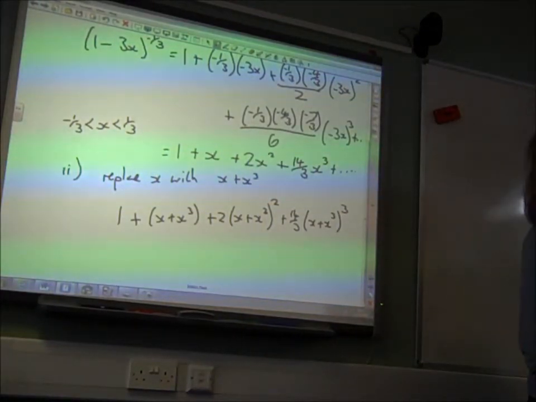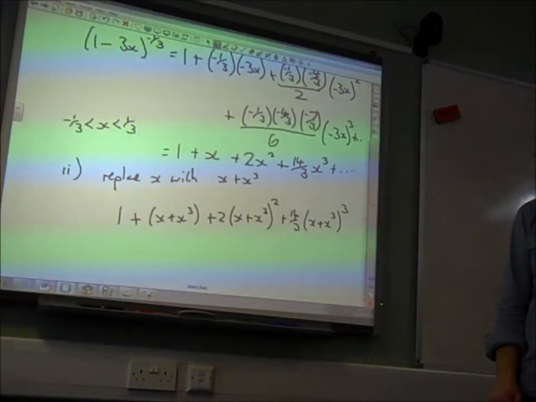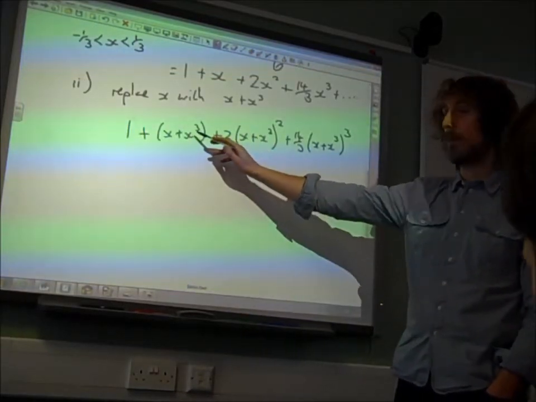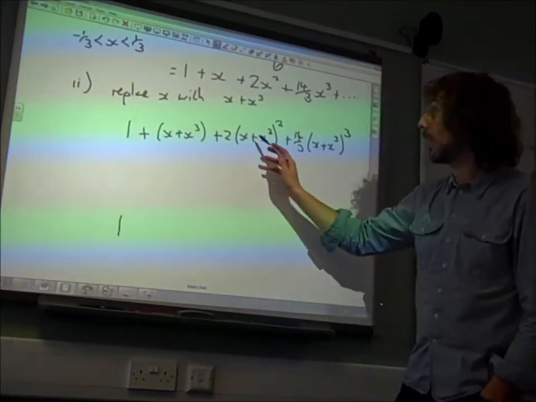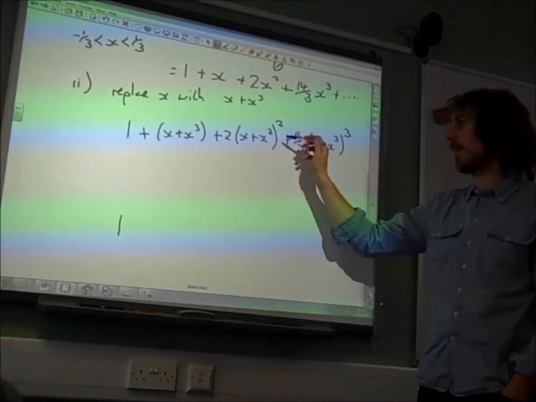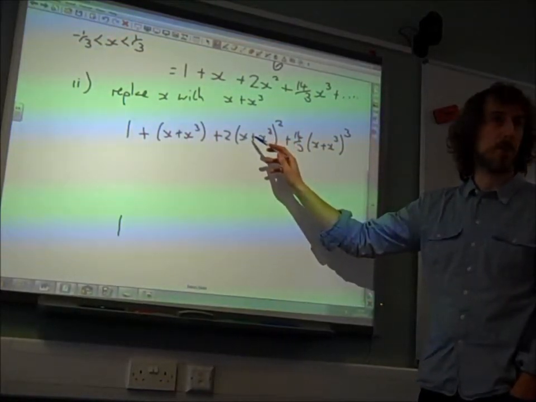And we only care about the x cubed term. So if we think about the x cubed term in all of this, we would get an x cubed term from there, wouldn't we? That's 1. If I think about this bit here, by the time you've multiplied this out, none of it would leave us with x cubed.